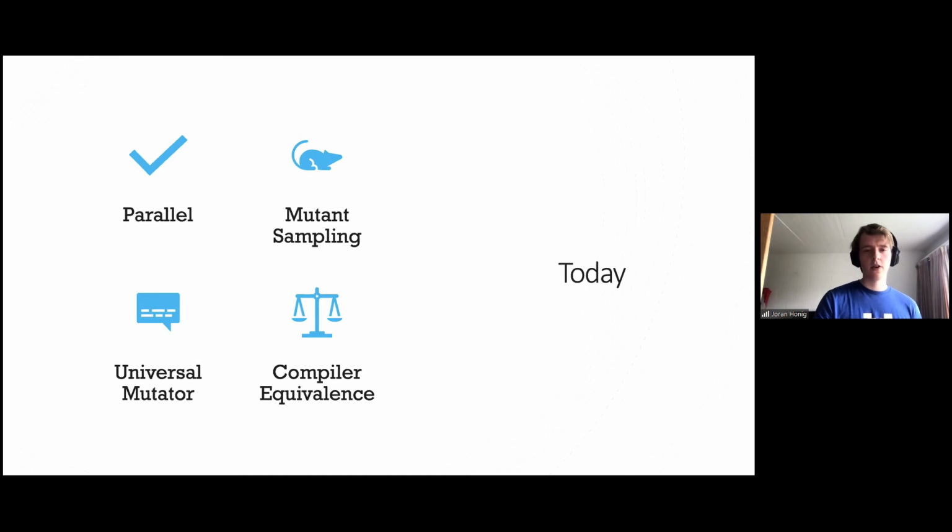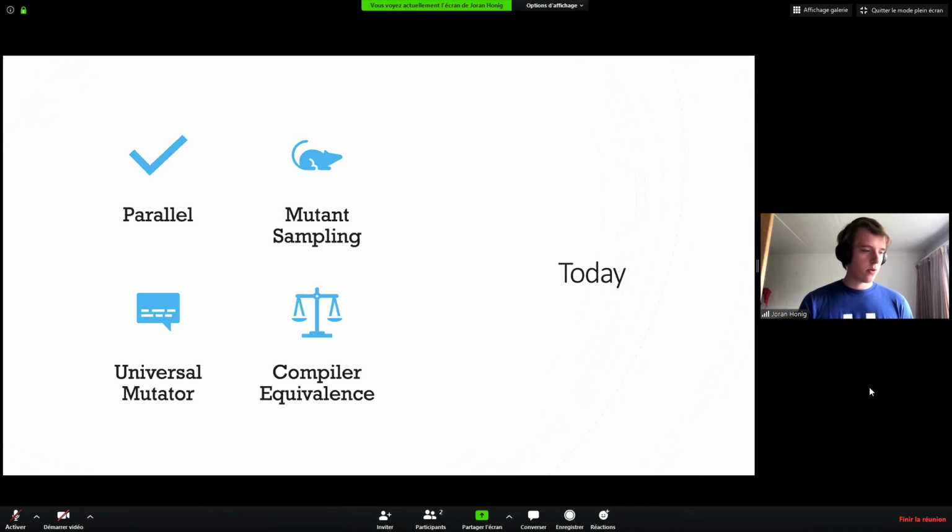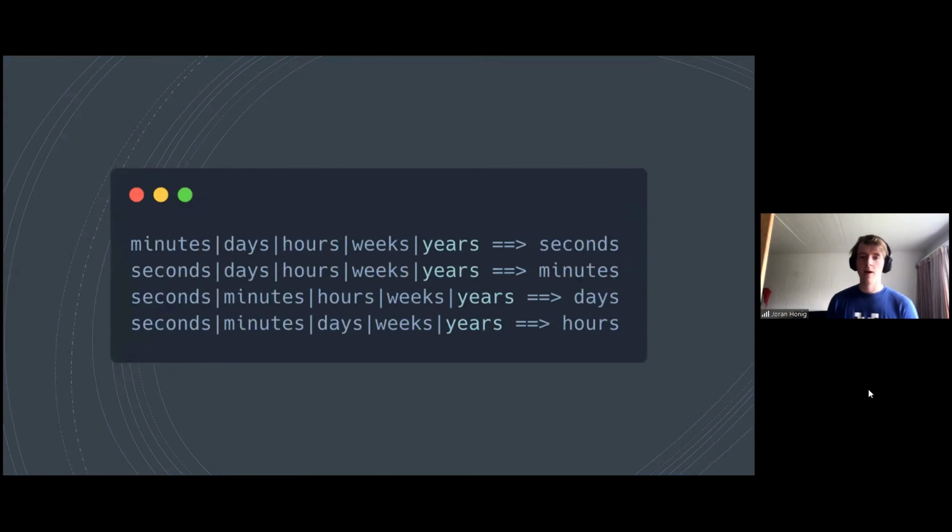But what it also allows you to do is to do really easy development of different mutation operators and maybe write custom mutation operators. So I'll give a brief example from the universal mutator repo itself of what a mutation rule could look like, or a few rules actually. And these actually would work for Solidity.